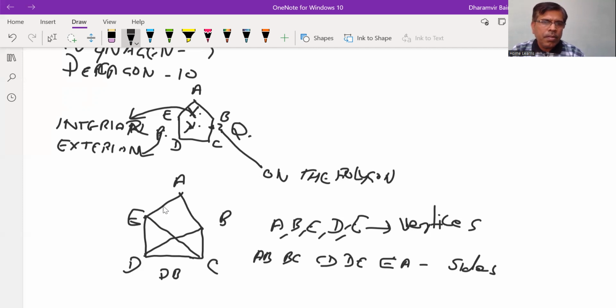EC may be a diagonal. AD may be a diagonal. If you draw a line from A to D, then it is a diagonal. So these are the diagonals. A diagonal is a line joining any two vertices which are not adjacent.